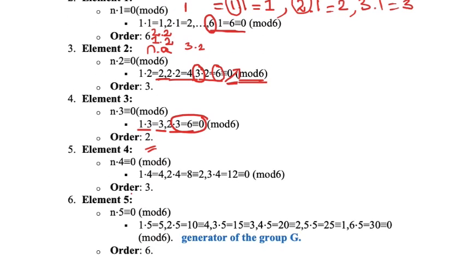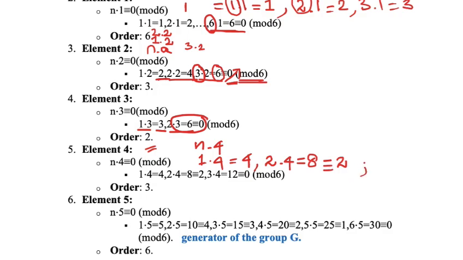Similarly, when applying for the element 4, n into 4 is the formula we apply. First 1 into 4 gives 4, we are not getting 0, so we continue. Then n equal to 2, 2 into 4 is 8. 8 exceeds the group, so we apply mod 6 and the value is 2.